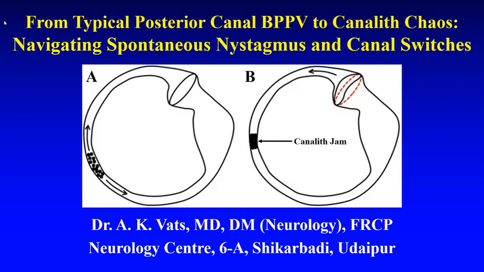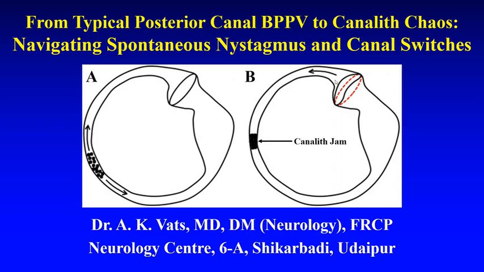Suppose the canal jam occurs when there is an inhibitory ampullofugal deflection of the cupula, shown by the black hair. It will be persistently deflecting ampullofugally because the jam occurred while it was deflecting ampullofugally. It would result in spontaneous, non-fatiguing, right-beating nystagmus. So it would be an inhibitory type of nystagmus.